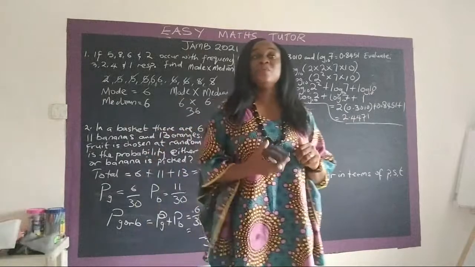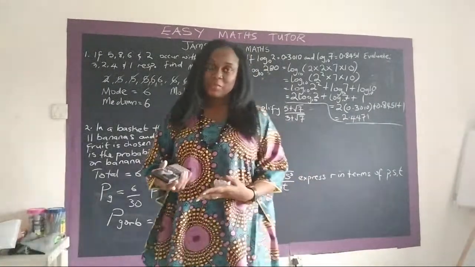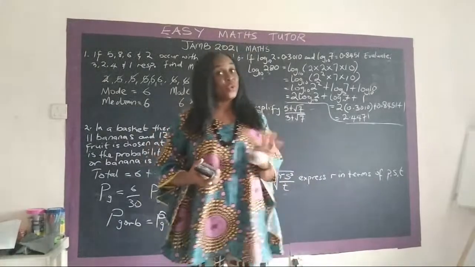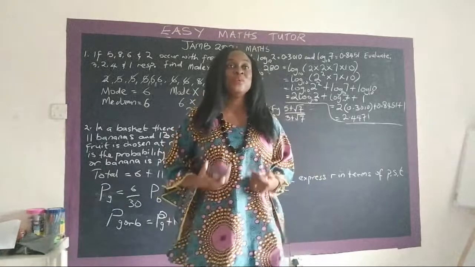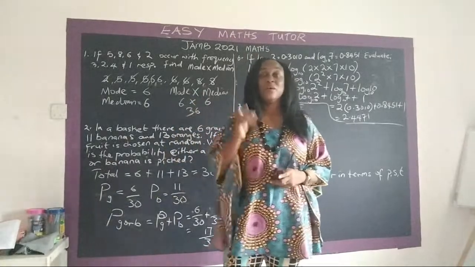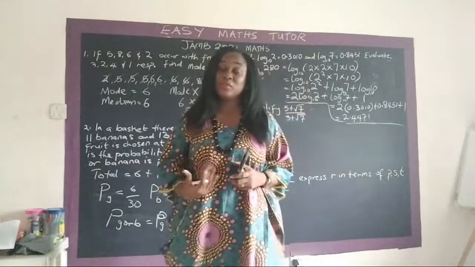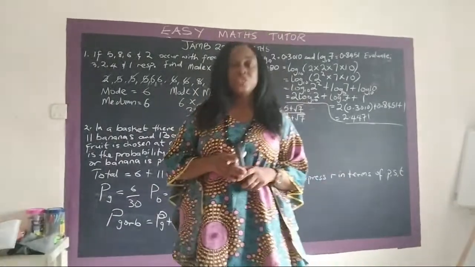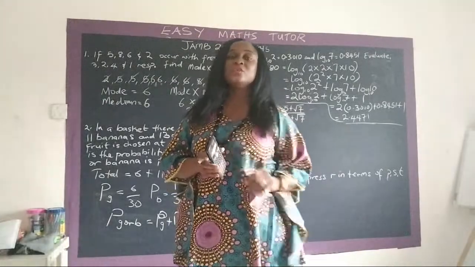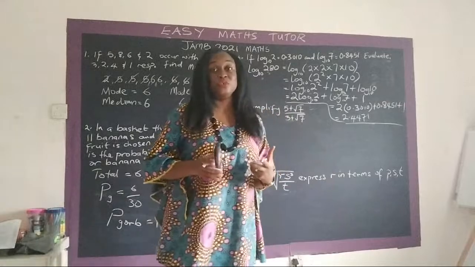The simple way out of this problem is to rationalize the denominator. That's something we do in surds. What do we mean by rationalizing the denominator? It means multiplying the numerator and the denominator by its conjugate. What is a conjugate surd? A conjugate surd is a surd which is the negative of its original surd.